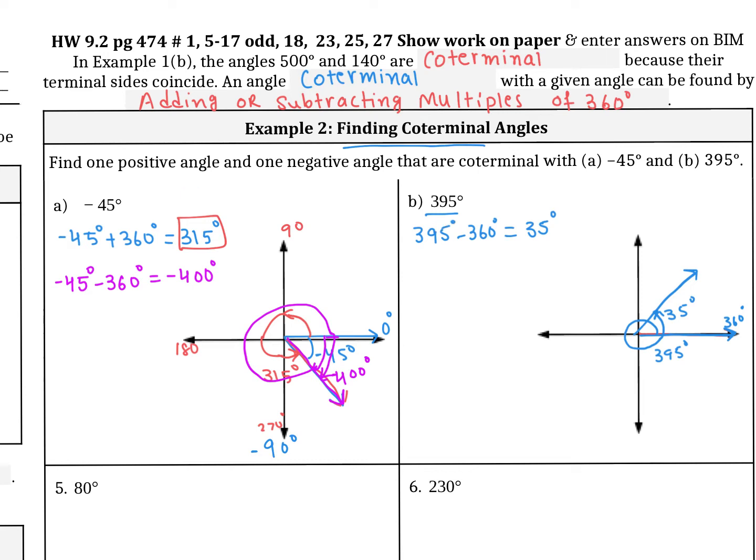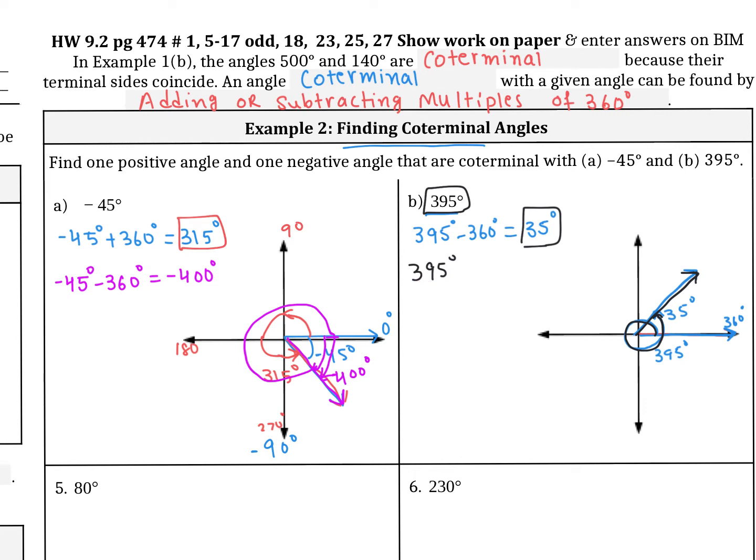Now we're going to find the negative coterminal of 395. We already got the positive coterminal: 395 has the same terminal as 35. Now we are going to find the negative. This number can only be negative if we subtract a number that is more than 395. It means in this case you're going to subtract twice 360.